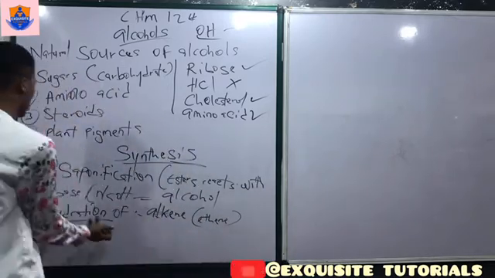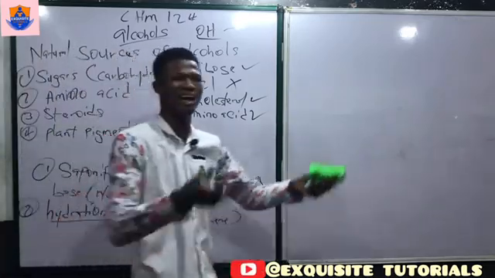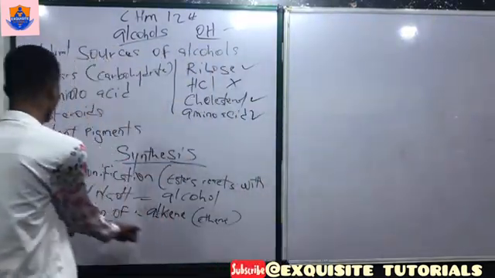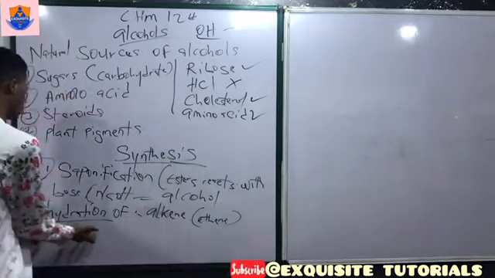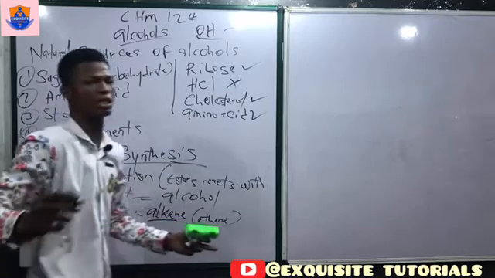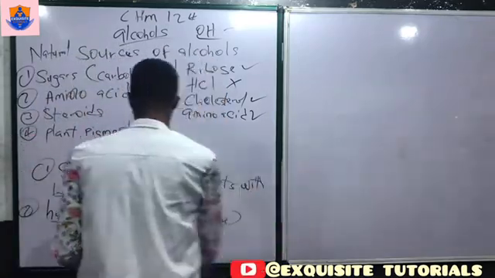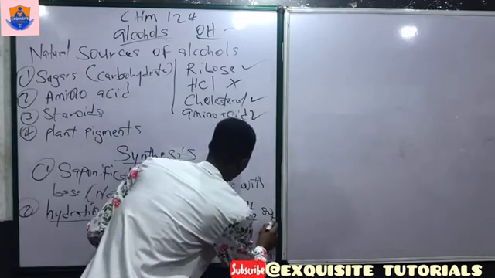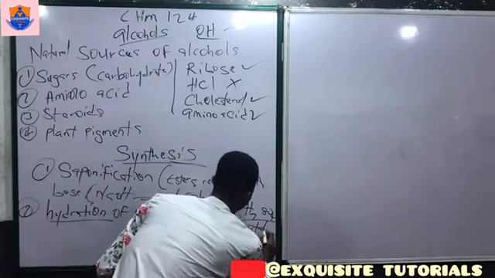Hydration of alkene. When we talk about hydration, we are talking about addition of water to a substance. So when water is being added to an alkene in the presence of an acid, let's say, for example, in the presence of H2SO4 as a catalyst.